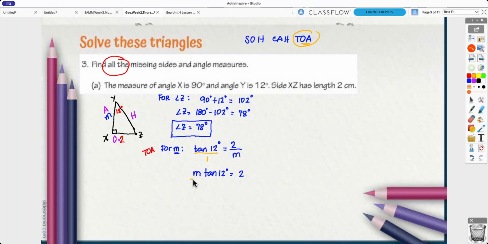Okay, then we have got to divide both sides by tangent 12 because we want to isolate the M. So that tangent 12 and tangent 12 would cancel each other out, giving us M equals 2 divided by tangent 12. So go ahead and use your calculator and divide 2 by tangent 12, and you should get 9.4.